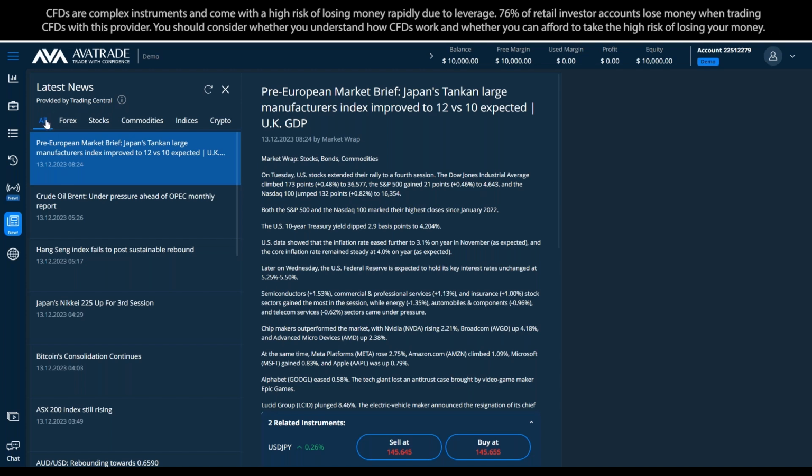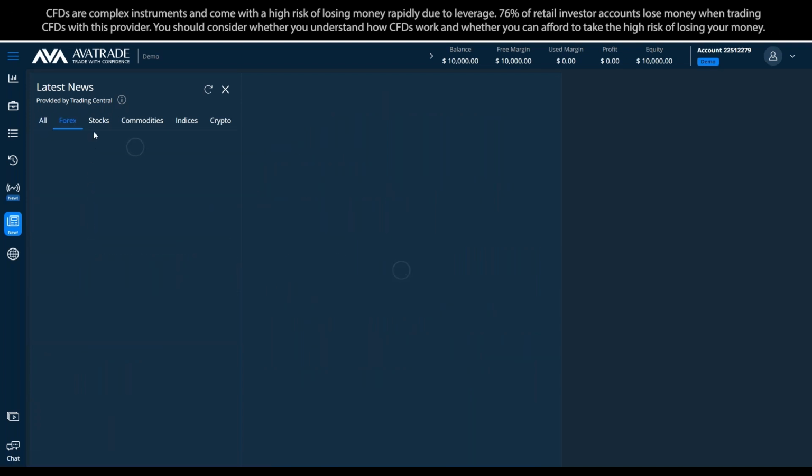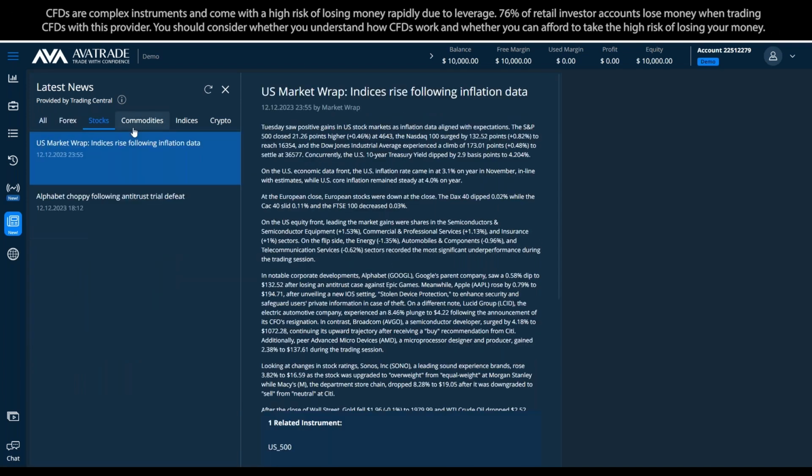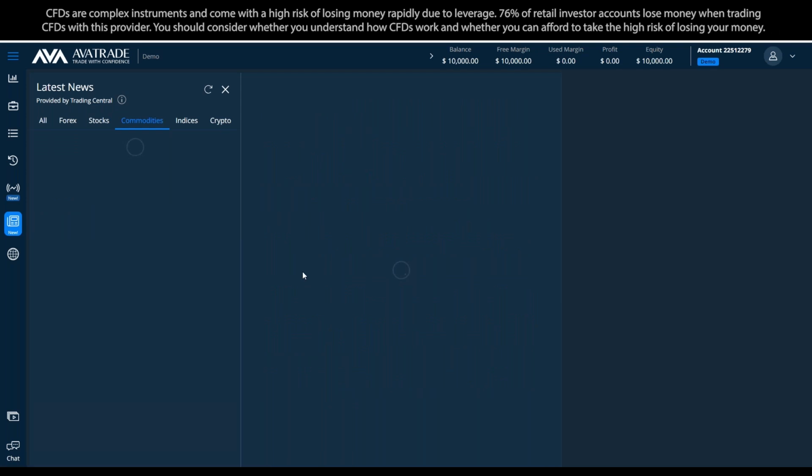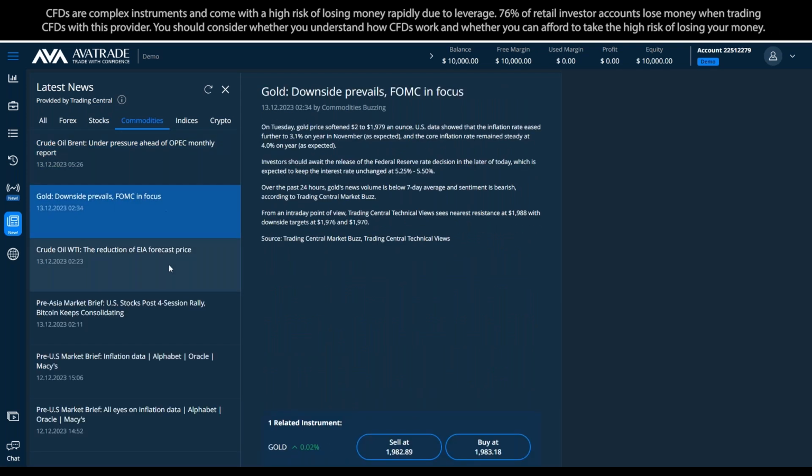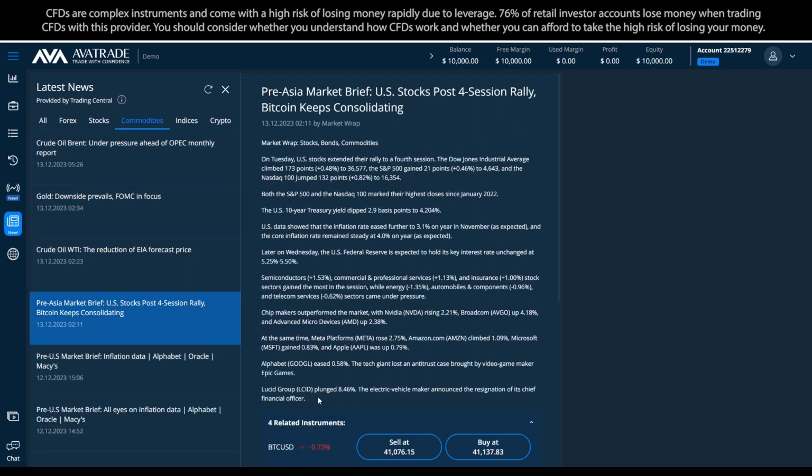So this one is general, this one is for forex, this one is for stocks, commodities. The beauty about that is it shows you at the bottom what the relevancy is.